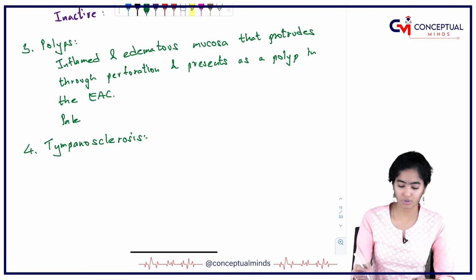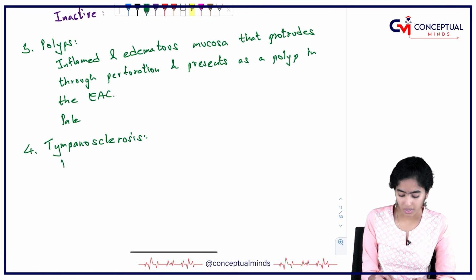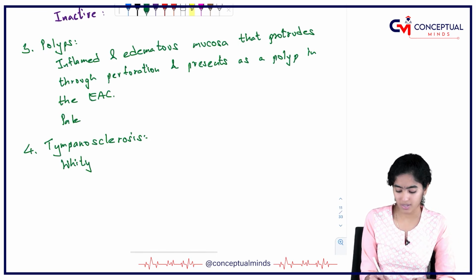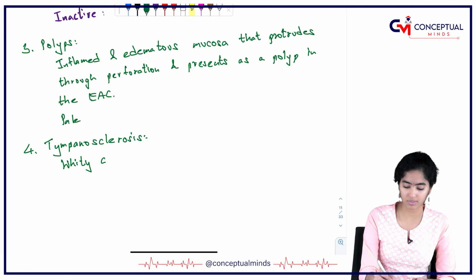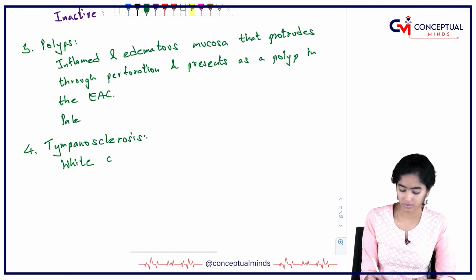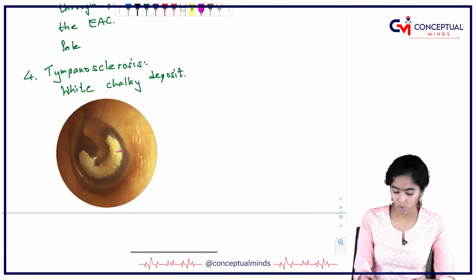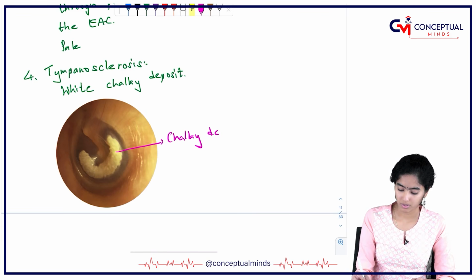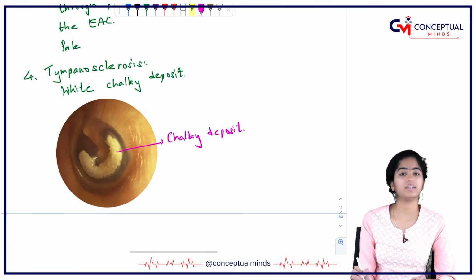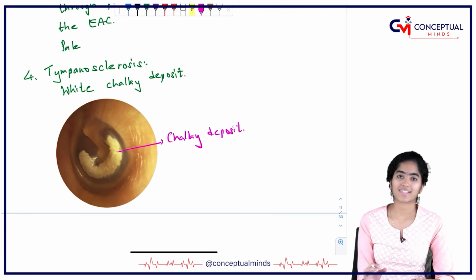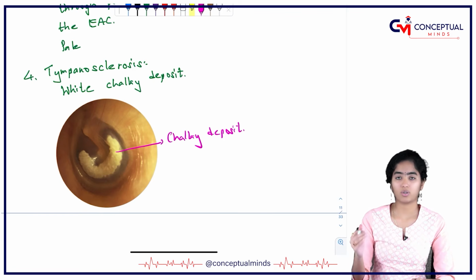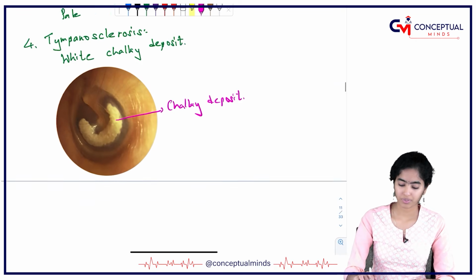I'll show you a picture of how tympanosclerosis looks like, but please remember this as a white chalky deposit that is seen on various structures. This is how tympanosclerosis looks like. I hope you can see the white chalky deposits on the tympanic membrane here. But it could be present on the ossicles, on the tendons, at the oval and round windows also.